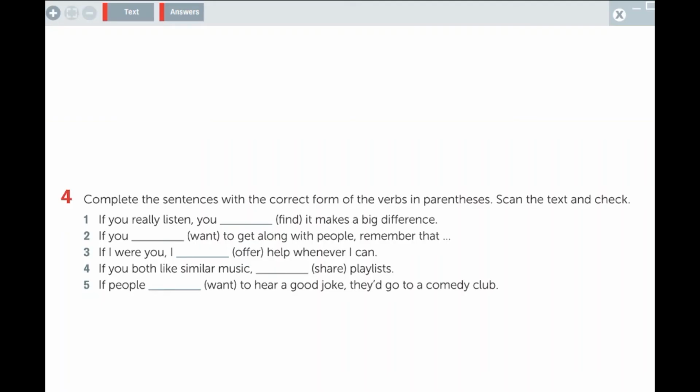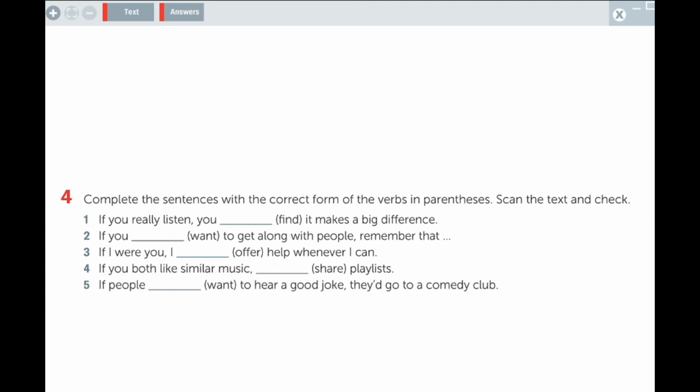Exercise number 4, you're going to complete the sentences using the correct form of the verbs in the parentheses. But remember to check in the text. So, number 1, if you really listen, you, using the verb find, it makes a big difference. Number 2, if you, using the verb want, to get along with people, remember that.